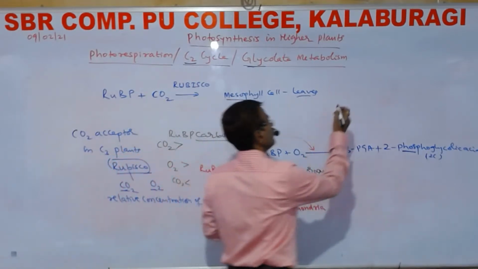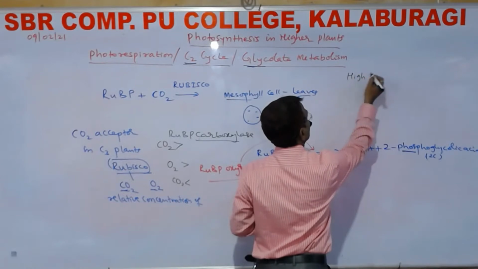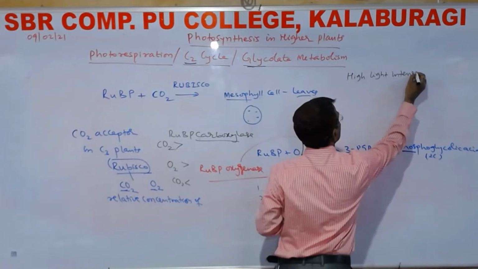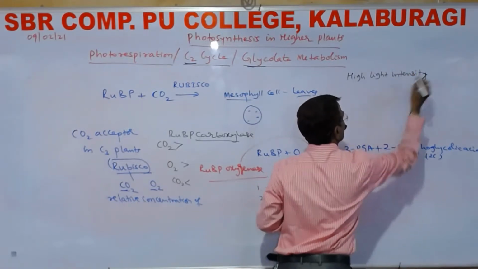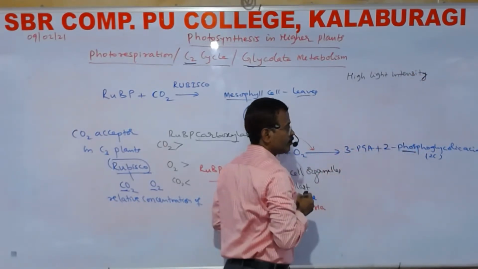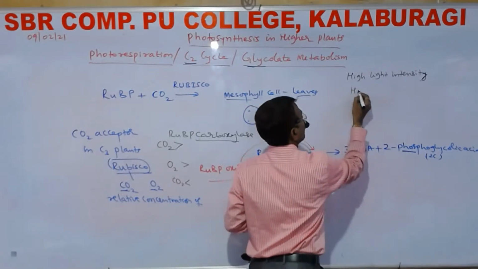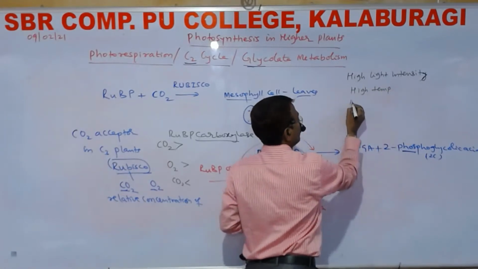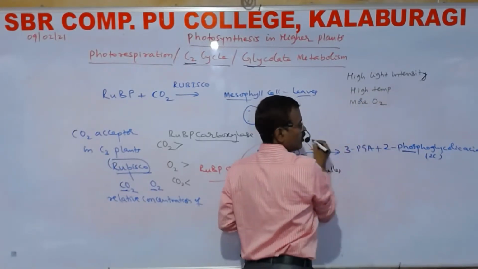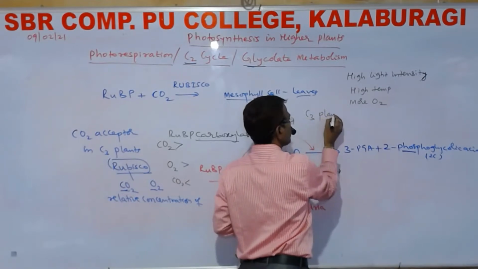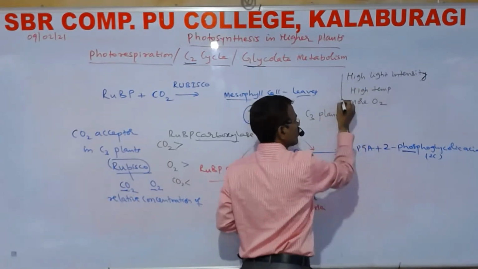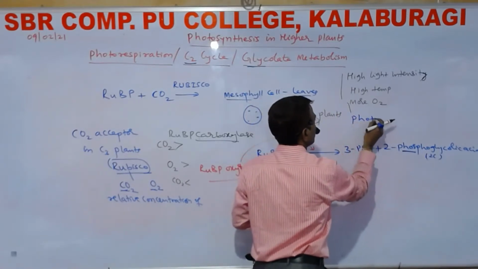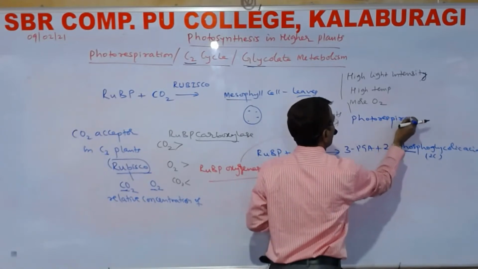Whenever high light intensity is there, then high temperature is there, and more oxygen, especially in case of C3 plants, these conditions favor photorespiration.